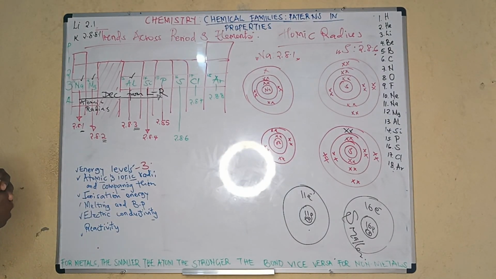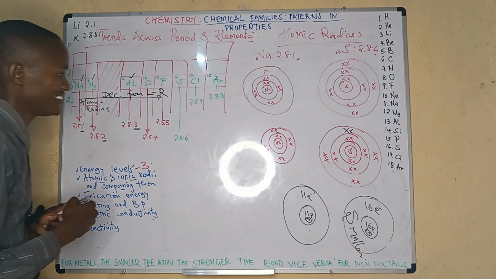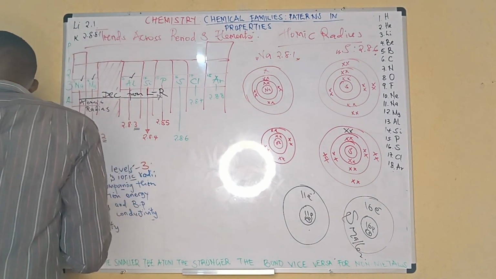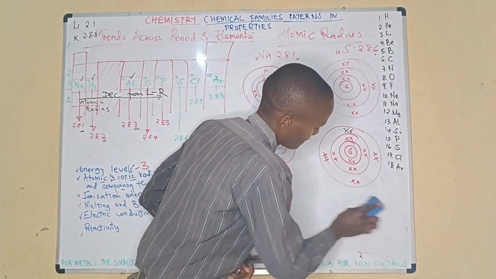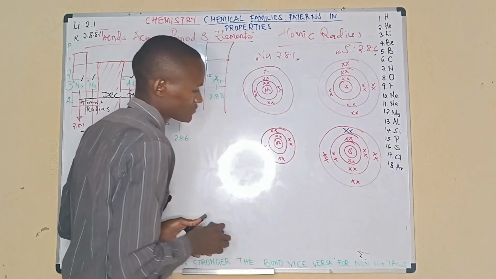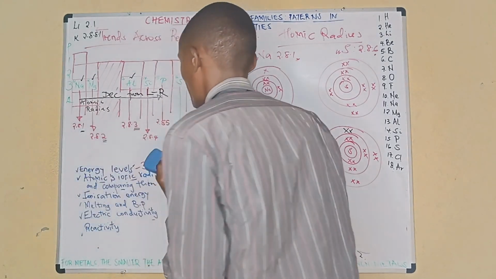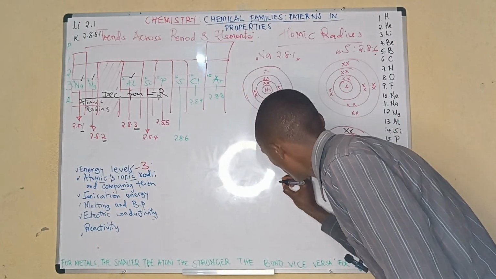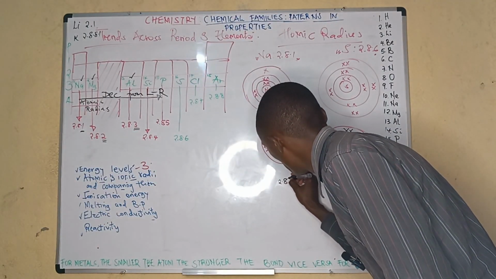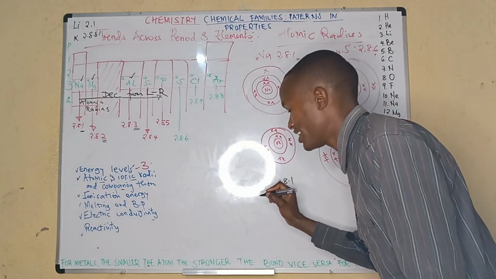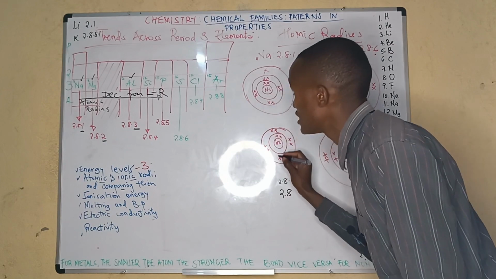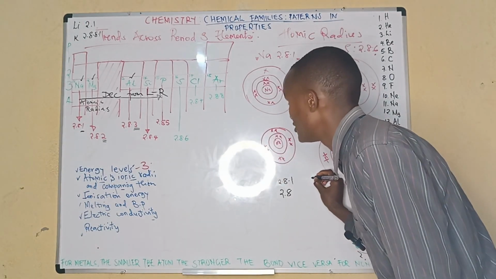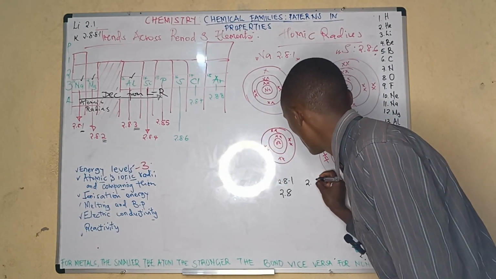That means, this one is really demanding, but let us do it. Let us talk of sodium. Sodium was 2, 8, 1. It formed an ion, and the new configuration now becomes 2, 8. Let me write for both magnesium and aluminium in the same way.